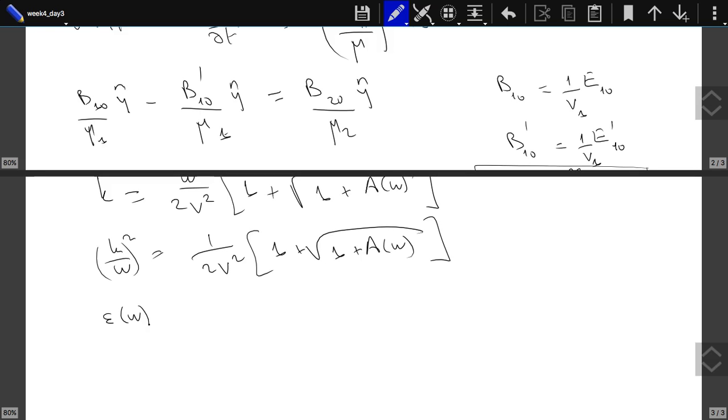So basically, this frequency dependence of epsilon, or more precisely the refractive index, we will see that it also has real and imaginary parts due to this frequency dependence. And that is what causes some materials to be transparent, some materials to be opaque, some materials to be non-transparent.